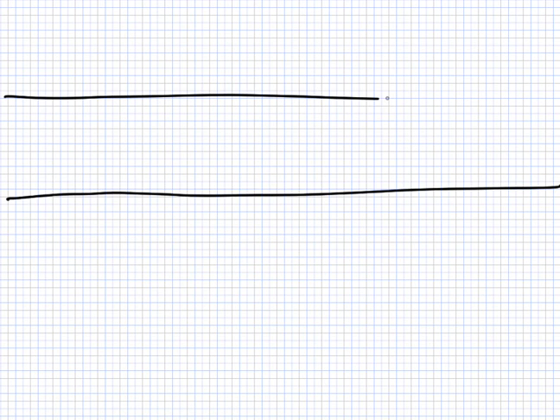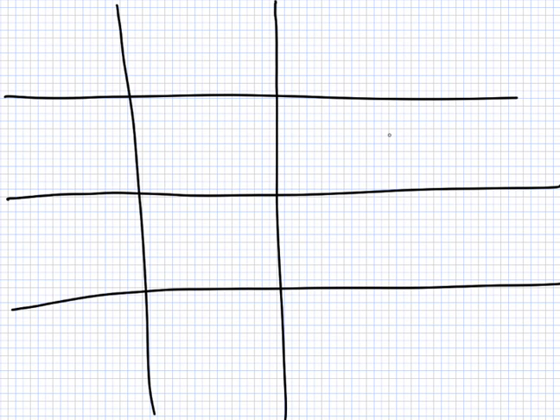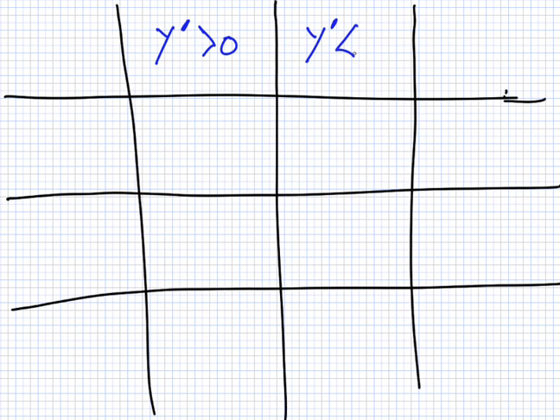Okay, so we could have the first derivative is positive, the first derivative is negative, the first derivative is 0.